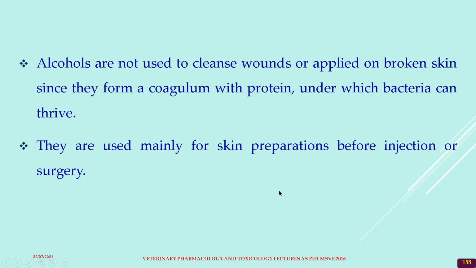But one should be very careful while using them in the presence of fire, etc., because of the highly inflammable nature of alcohol. So they are always used for the preparation of the skin before surgery.